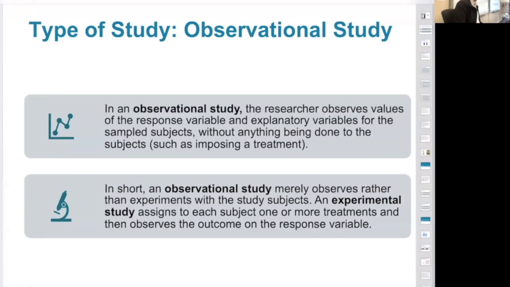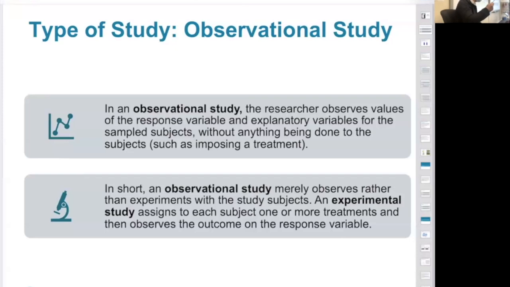For example, suppose we wanted to know if the drivers follow the stop sign rule. In this case, you can go to any intersection that has 3 or 4 stop signs, and you will just observe.